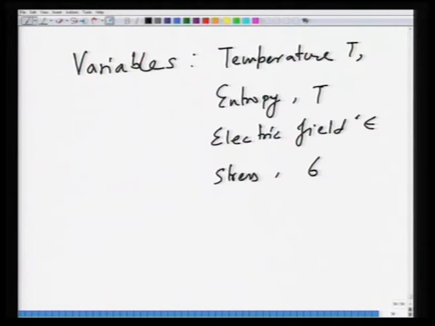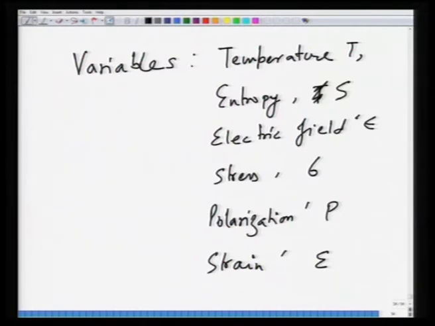In the case of ferroelectrics, what we are interested in is: temperature, entropy (S), electric field, stress, polarization, and strain.